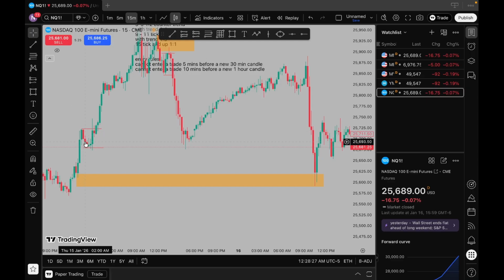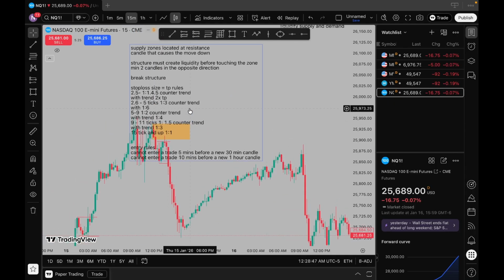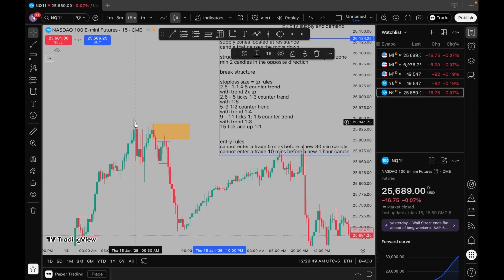So 1, 2, 3, break a structure, came up, 1, 2, 3, break a structure, 1, 2, break a structure. So this is a lot of sell side liquidity and a lot of limit orders that need to be fulfilled in order to push past and make a new higher high, to push past this higher high.